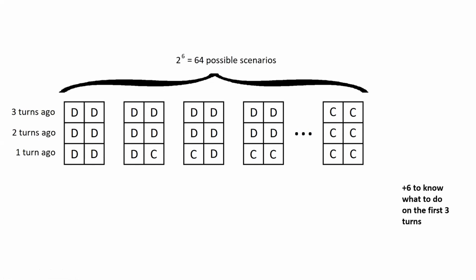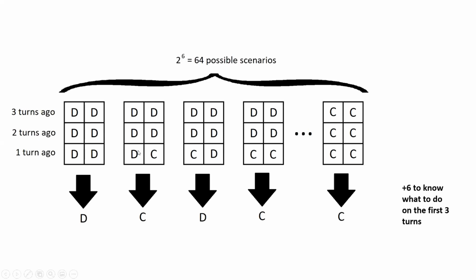So if we're trying to teach a computer to play this game, we have to tell it what to do in each of these 64, 2 to the power of 6, different scenarios. What it does can, of course, be expressed as either a D or a C. For each D, we can assign a 1, and for each C, we can assign a 0.